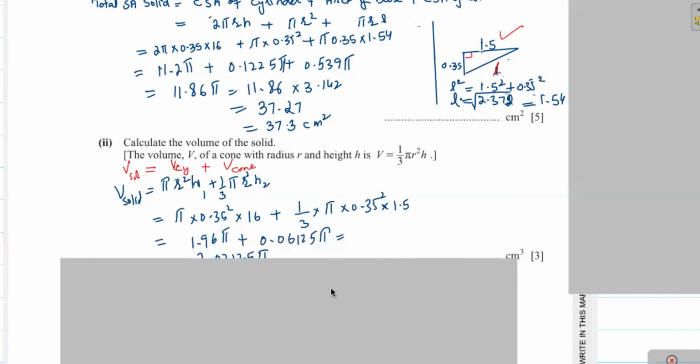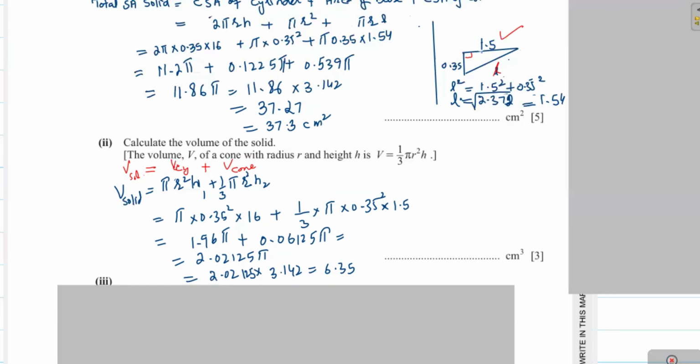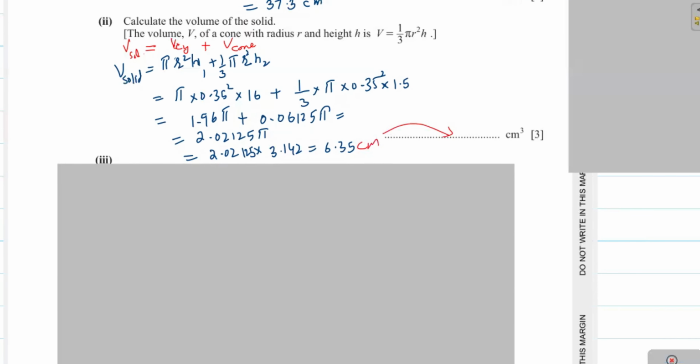Now we simplify this value, we get 1.96π plus 0.06125π. When we add 1.96 to 0.06125, we get 2.2012π. Now we multiply this by 3.142, we get 6.35 cubic centimeter, which is the answer. And now we move to the next part of this question.